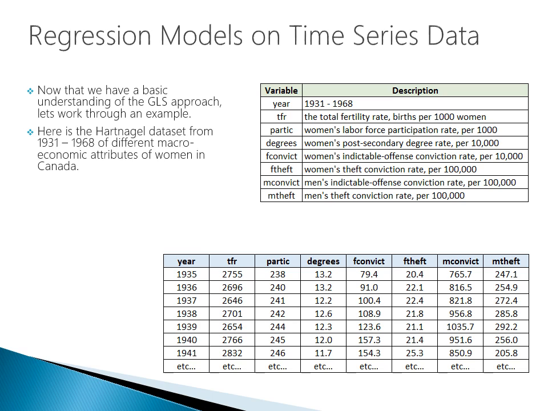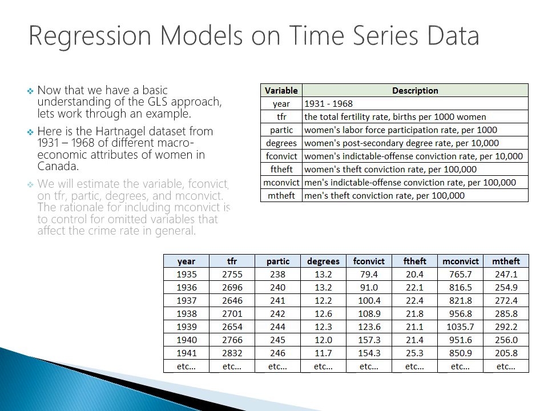We have a variable that represents the year, a variable that represents the total fertility rate of births per 1,000 women. Then we get into some metrics that are related to individual women, such as their labor force participation rate, their post-secondary degree rate, indictable offense conviction rate, and then their theft conviction rate. And for control purposes, we also include some metrics related to men, such as their indictable offense conviction rate and their theft conviction rate.